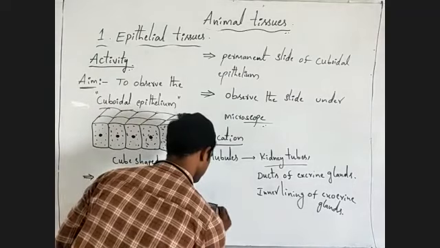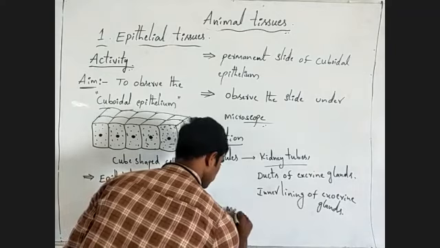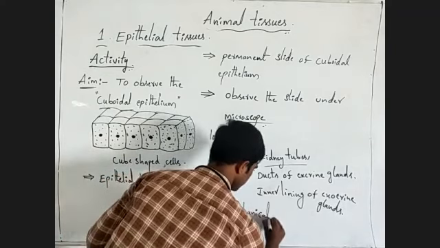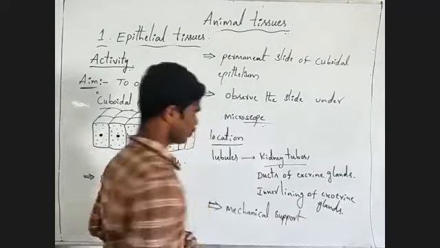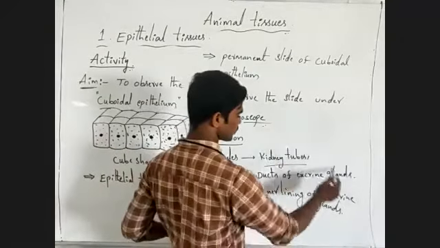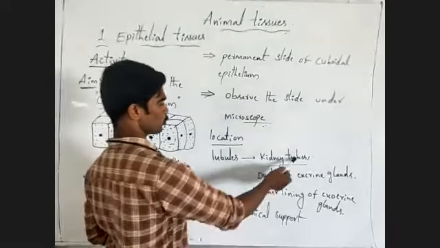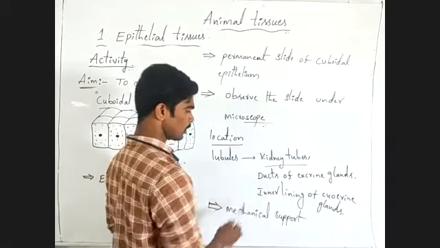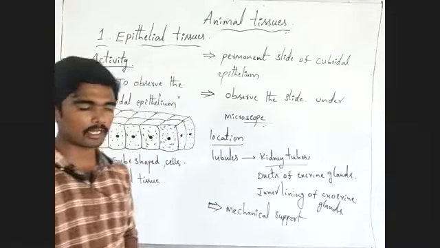What is the function of this? It gives mechanical support to different types of parts. For example, to tubes, to ducts, and to the inner linings, meaning walls, of the exocrine gland.